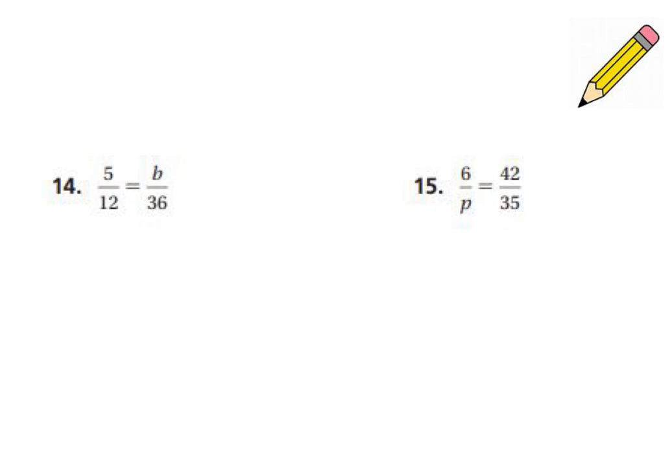Here's 2 more examples. Let's make sure we get these written down in our notes. I see that we have 12 to 36, so I could apply a factor of 3 there. 12 times 3 is 36. So therefore, 5 times 3 is 15. And for the second one, I notice that I have numerators. 6 times 7 is 42.